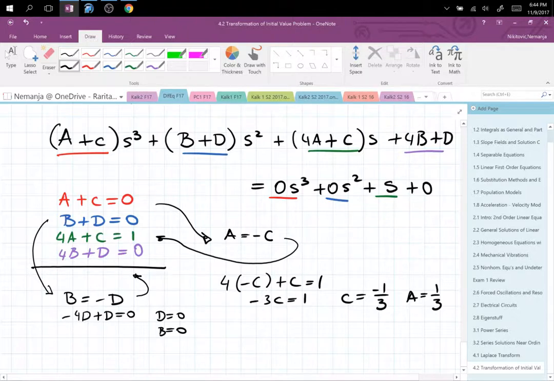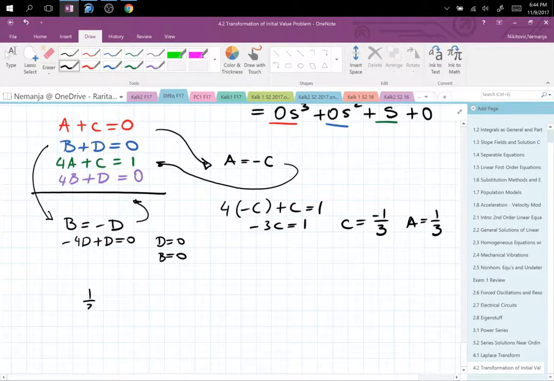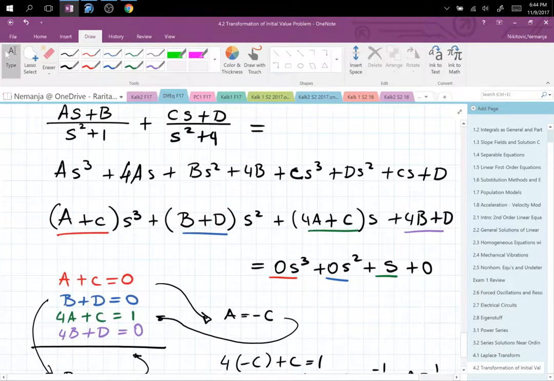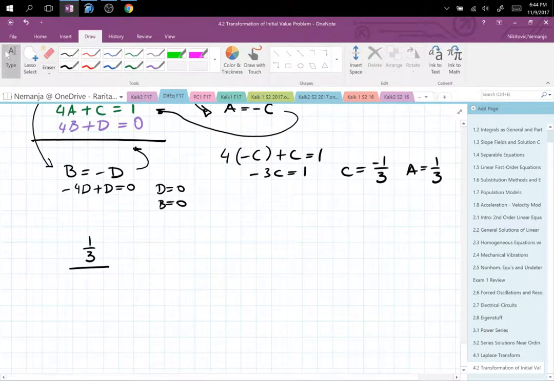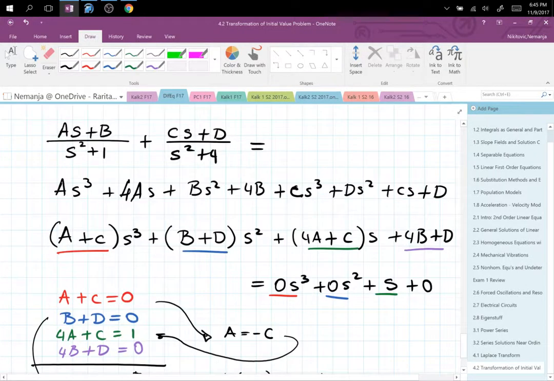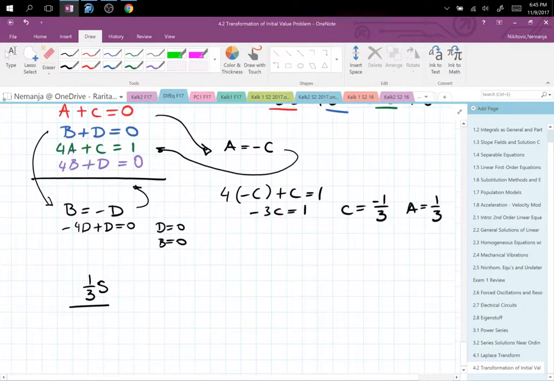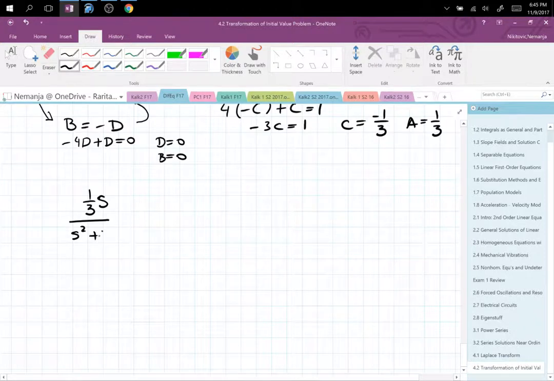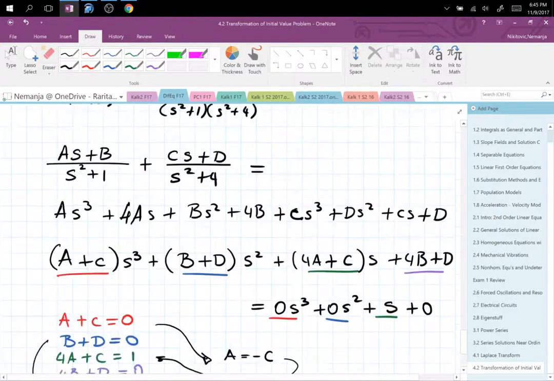Hopefully you see that, especially if you took linear algebra, you know how the systems work. So now, B and D are zeros, A and C survive. So I have 1/3 s divided by s squared plus 1, plus negative 1/3 s over s squared plus 4. Remember that B is dead, so C is again 1 in front of s.